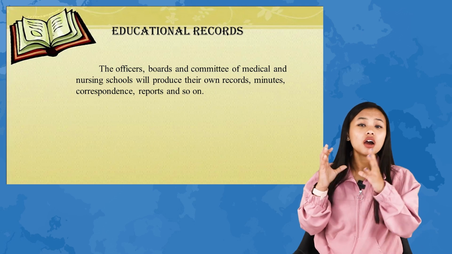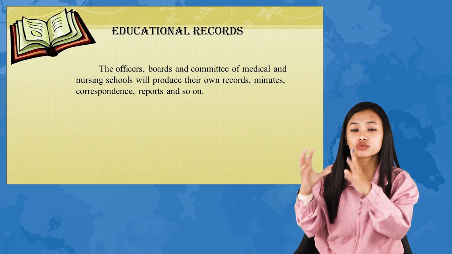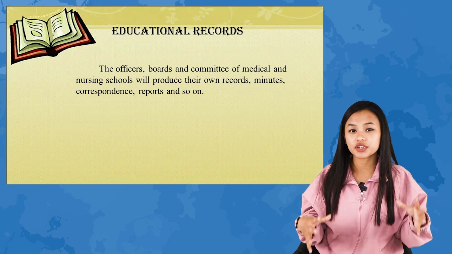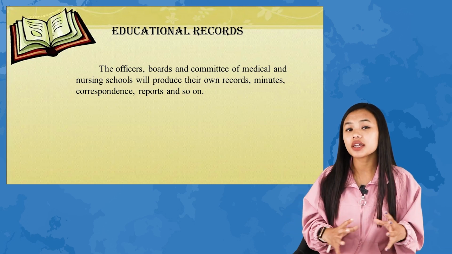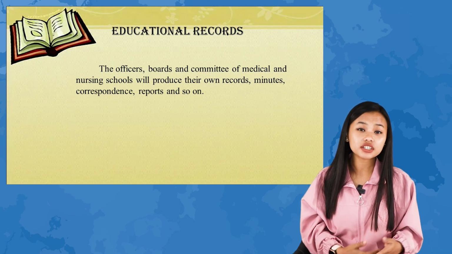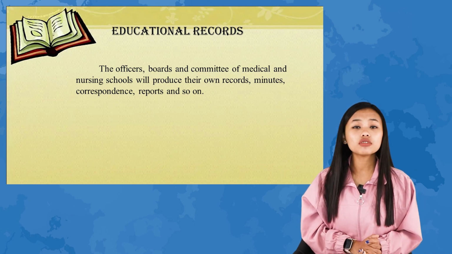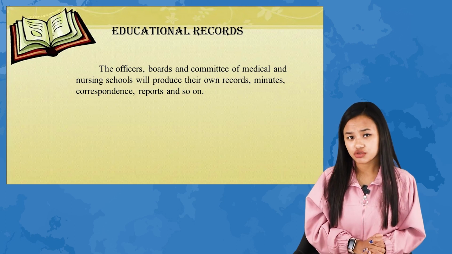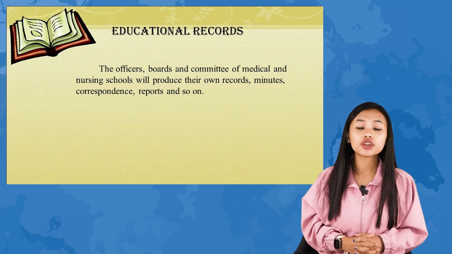As soon as you hear educational records, you should not think that it is only related to educational schools or institutions, but it can also be related to the hospital itself, if it is a hospital which has a teaching component, so that they will be able to educate the nurses and improve the knowledge of the nurses.